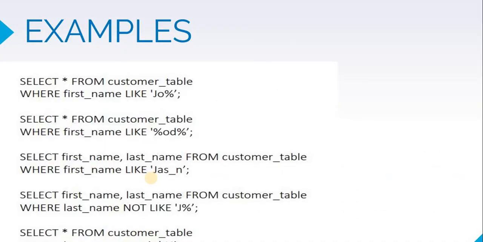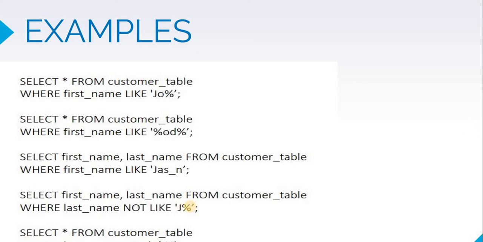In the fourth example, I am showing you the use of like condition along with the not condition. If you want to find out all the cities which are not starting with the letter S, how to do that? In this condition, we will also be using the distinct keyword.